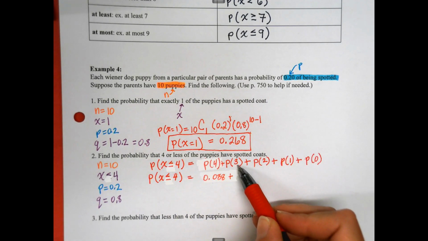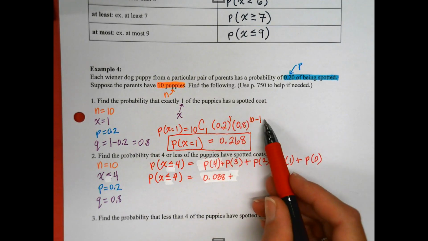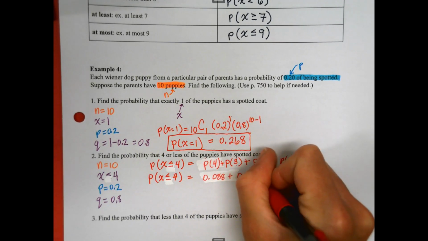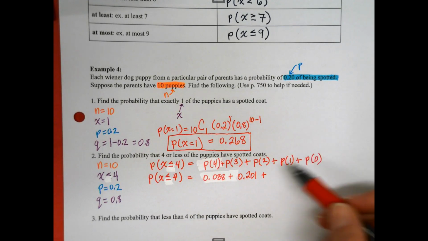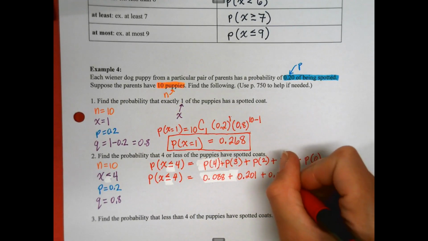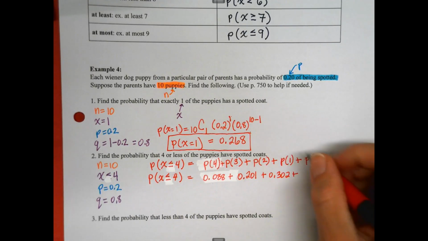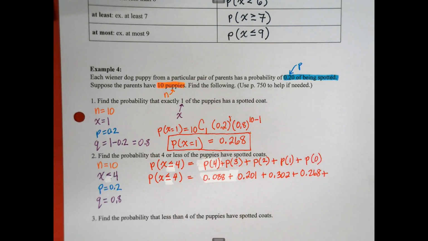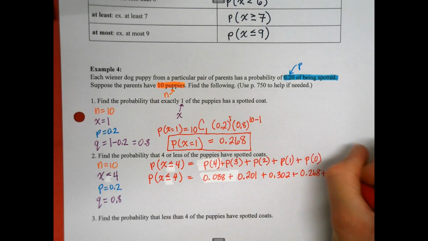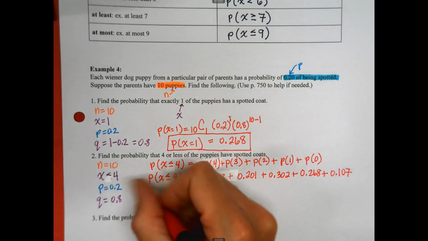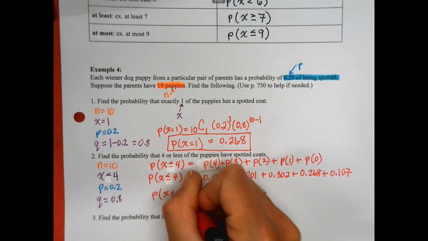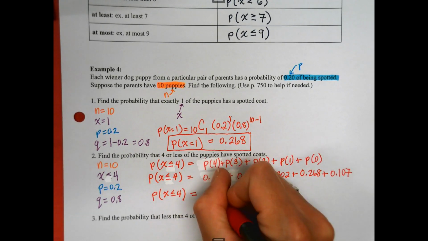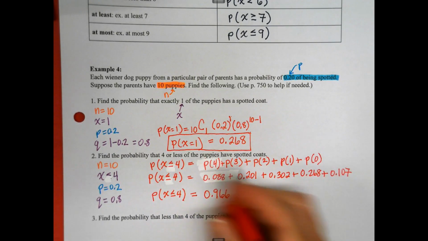Plus, then we're going to plug 3 in for our x in all of these places where there's a 1, and we end up with 0.201, plus then we put 2 in and we get 0.302, 1 in, which happened to be 0.268, and then we're going to substitute 0 in for our x, and we end up with 0.107. And as a result, the probability that our x is less than or equal to 4, when we add all of those things together, is 0.966.